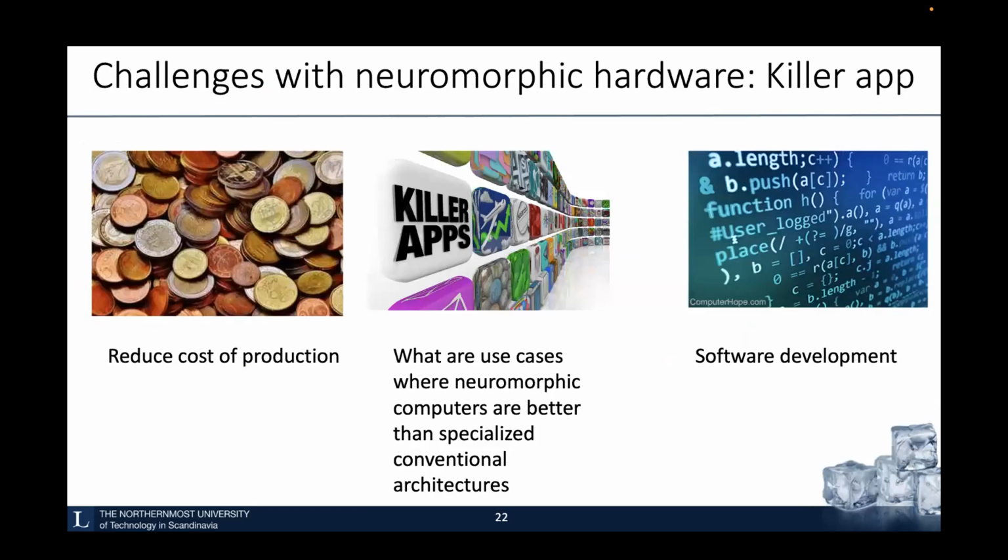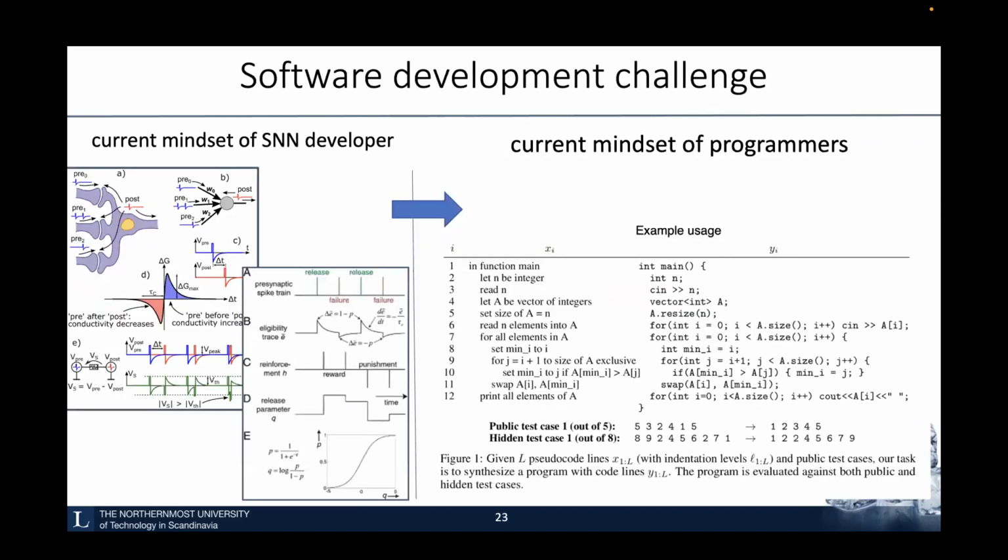One of the challenges, again, as I said, in this course we are not concerned with neuromorphic hardware. What I want to highlight is really the development approach, and I personally find it kind of challenging. I don't know how you perceived it during the course.